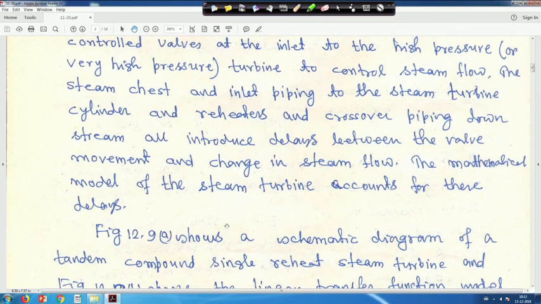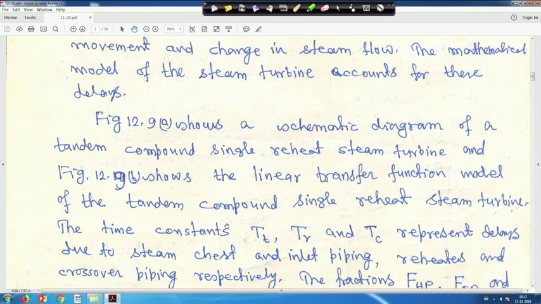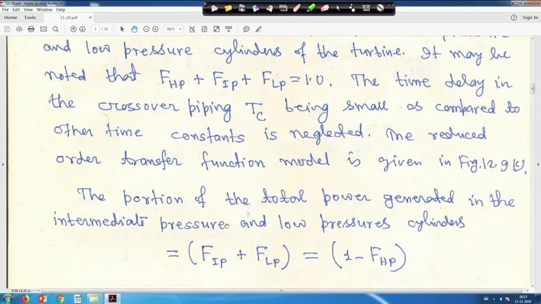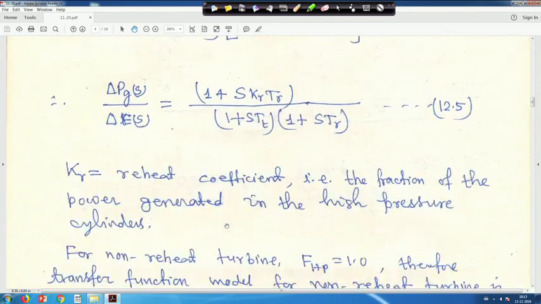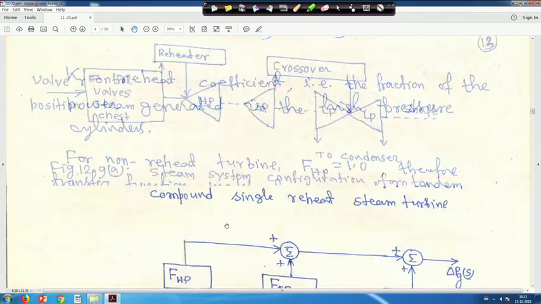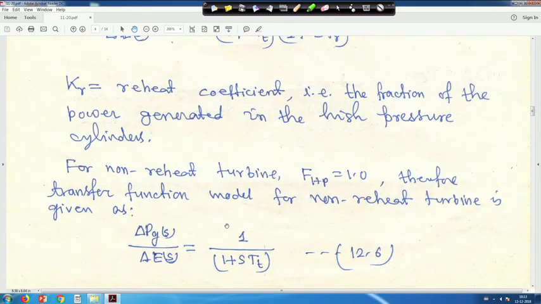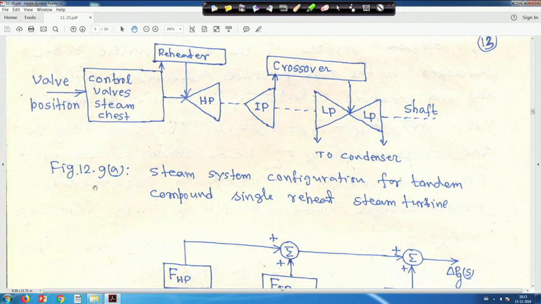So, now Figure 9. Before coming to that, I will go to Figure 9 first, then we will come back to it, right. When you see Figure 9, it is your tandem compound steam turbine. The valve position is like this, the control valve, the steam chest.